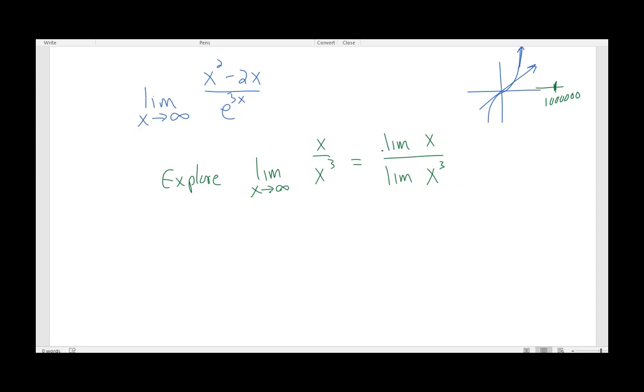So as x gets bigger and bigger, as x goes to infinity, what's going to end up happening is the denominator gets way larger than the numerator. So what we kind of have here is something relatively smallish over something getting really large.